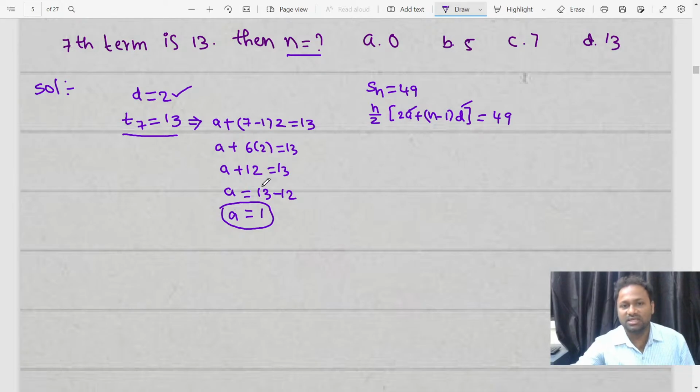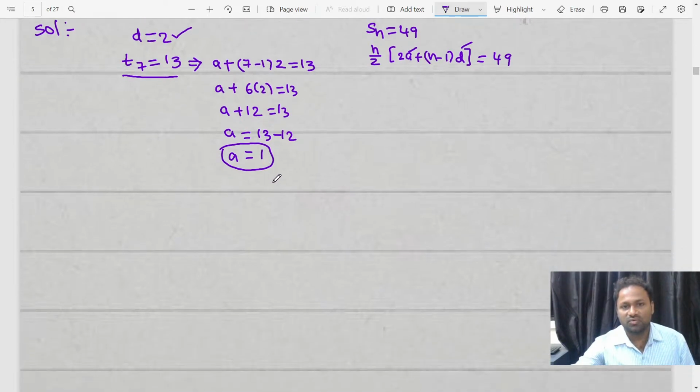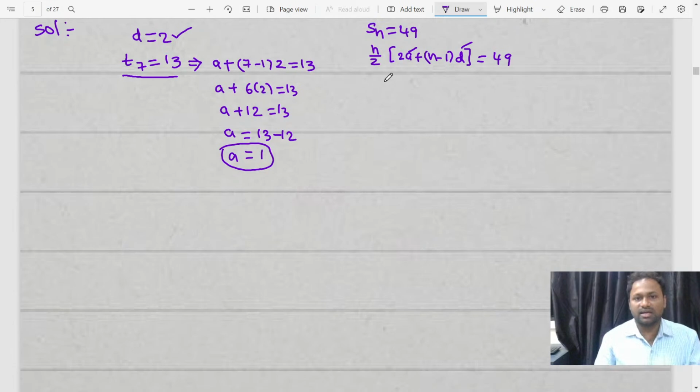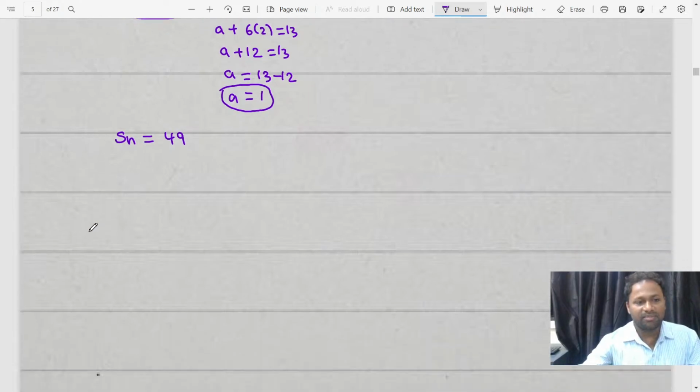You can substitute in this. So don't waste the time, I'm going to substitute the n value. Okay, I think it is better to take here Sn is equal to 49, right? Sn is nothing but n by 2.